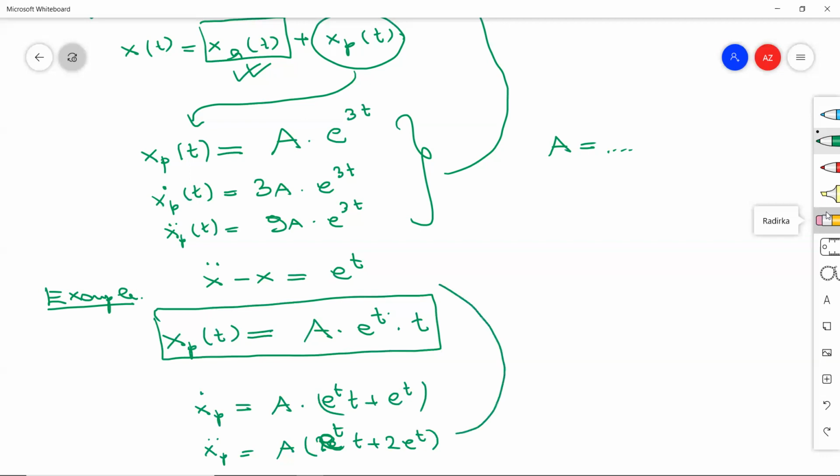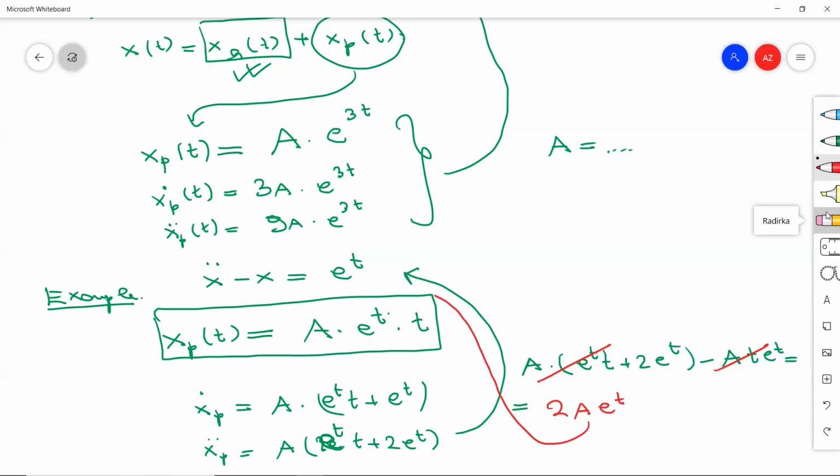We plug into the initial differential equation, and what we get on the left-hand side is a t e to t plus 2a e to t minus a t e to t. The part with t cancels out, and it remains 2a e to t, which should be equal to e to t on the right-hand side. So a is equal to 1/2.